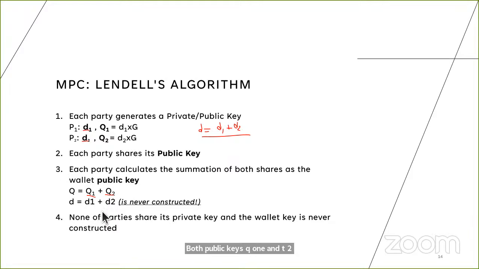So, yeah, this is the entire process. It is very easy. We generate the key and share it, and we construct the public key, and we don't need to construct the private key. None of the parties shares its private key, and the wallet key is never constructed.